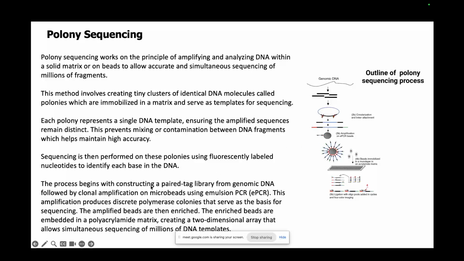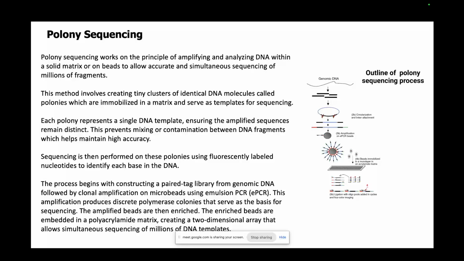to identify each base. So this process begins with constructing a paired tag library from genomic DNA, followed by clonal amplification on microbeads. This kind of steps, preparing library, amplification using beads, these are very common across technologies now. You can see that. So these steps you have to follow in these techniques.